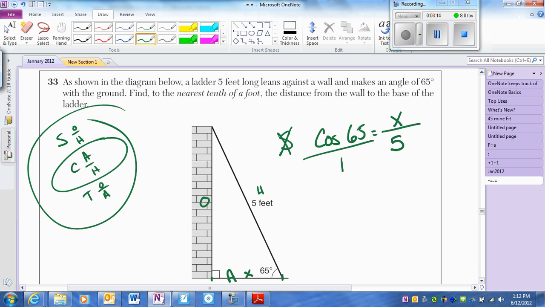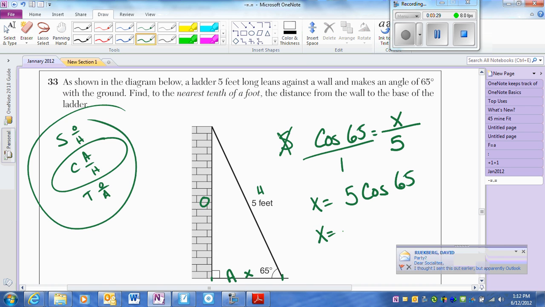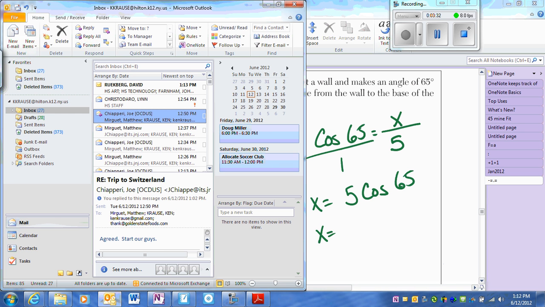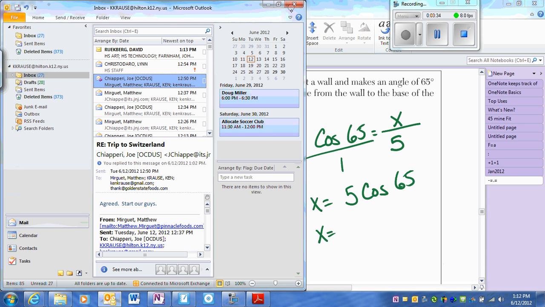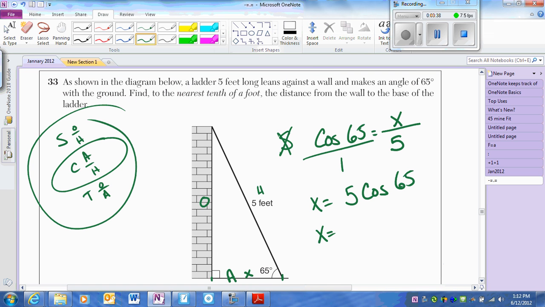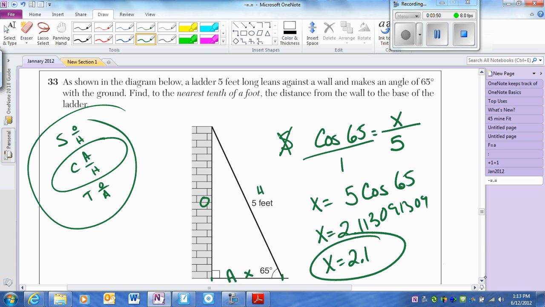So if I cross multiply, I get x equals 5 cosine 65, which is 2.113091, something like that. X equals 2.1, rounded to the nearest tenth.